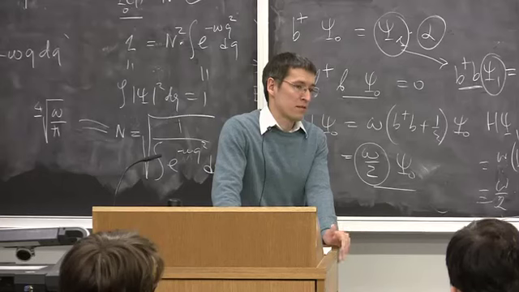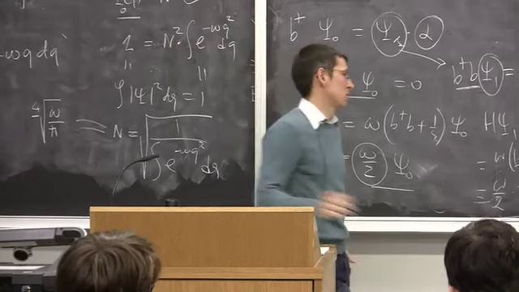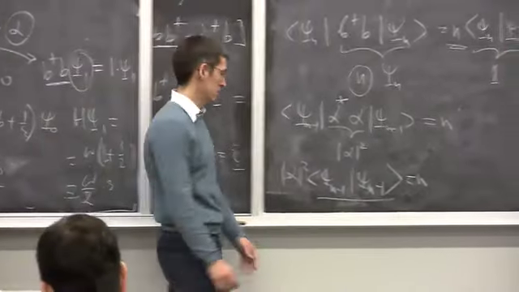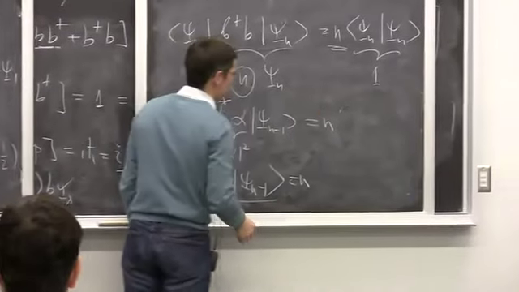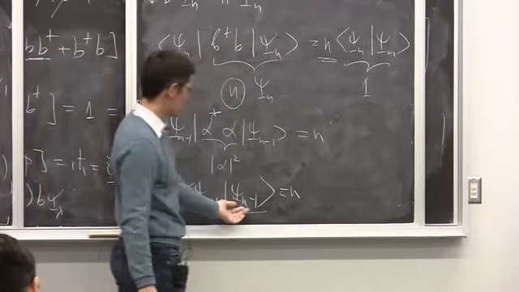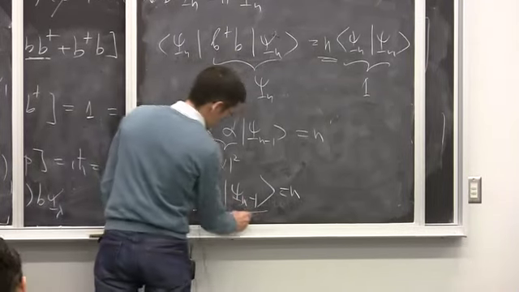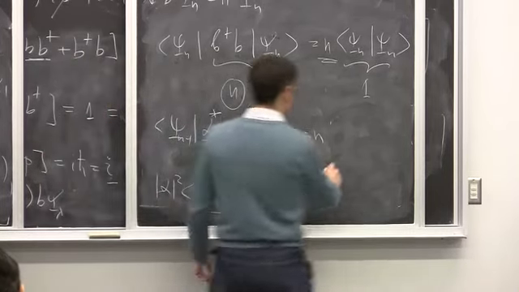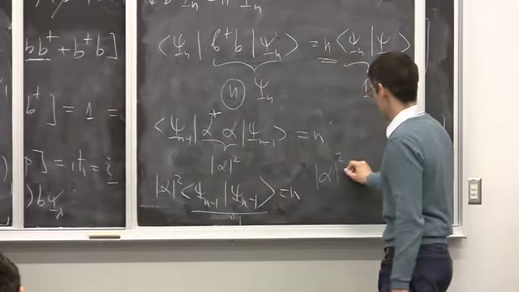If you normalize it, what's the integral? 1. I just told you that here. Independent of n, so here n is equal to n minus 1. So this is 1. And therefore, you have alpha squared equals n.